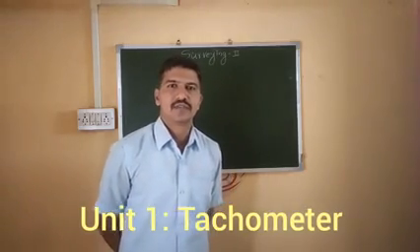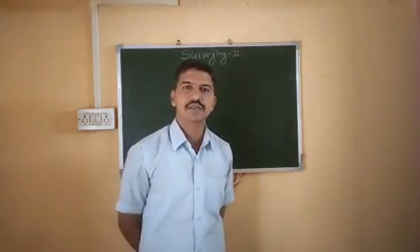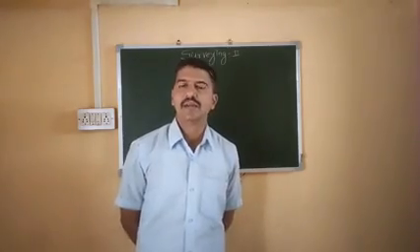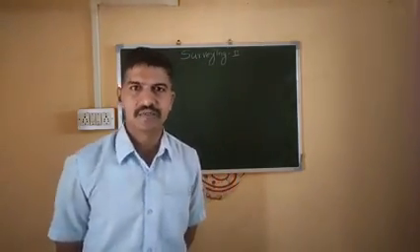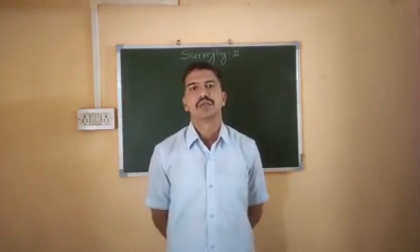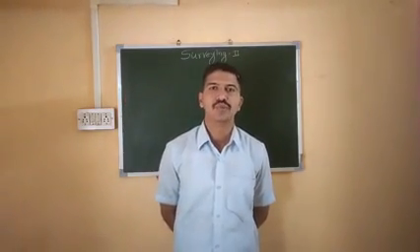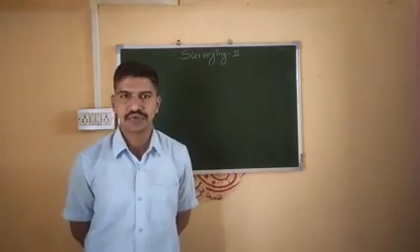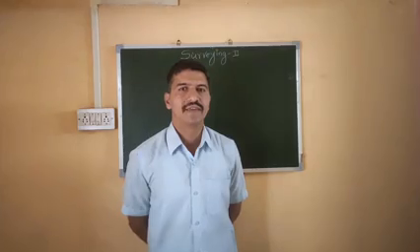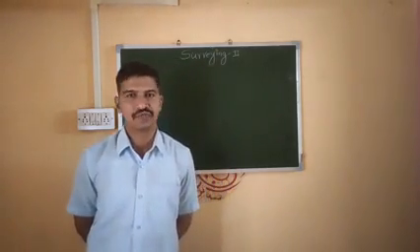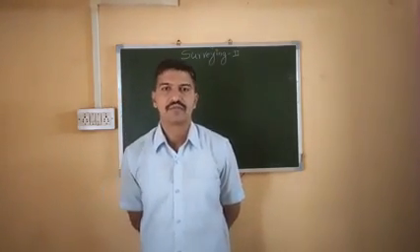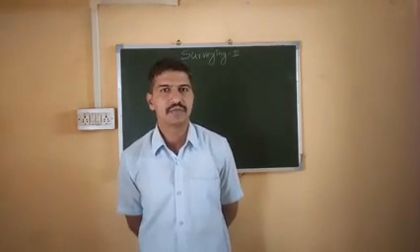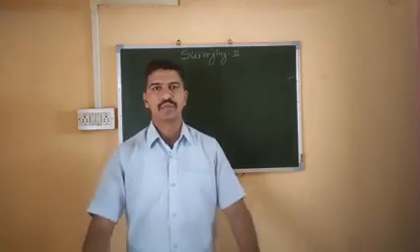Good morning, friends. Yesterday we saw the introduction to the second semester subject, surveying part 2, in which we are going to see 6 units. We started with the introduction to the first unit, which is finding out distances and measurements by using an instrument called a tachymeter.